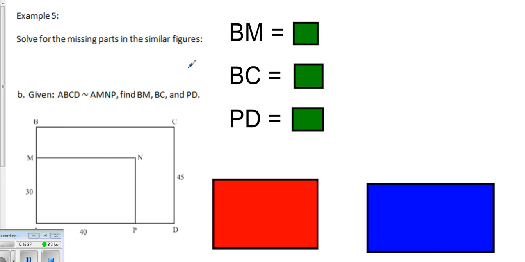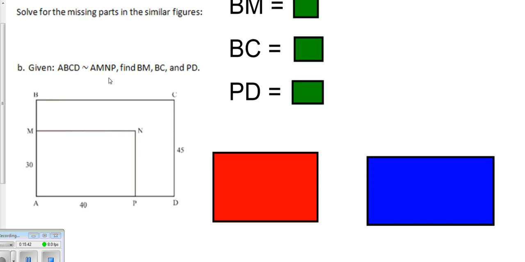Example 5, part B. Solve for the missing parts in this figure. Given that we have quadrilateral ABCD, and it is similar to AMNP. We need to find BM, so that's this length. We need to find BC, that's this length. And PD, that would be this length.